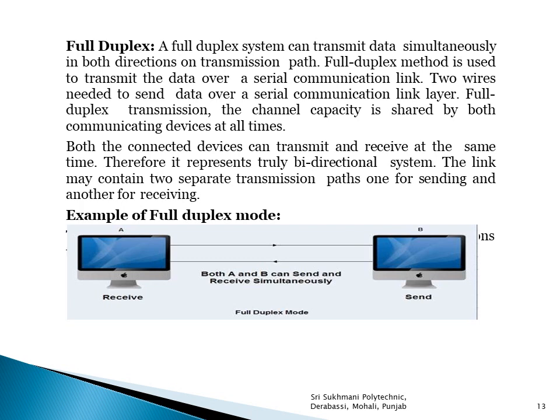In full duplex transmission, the channel capacity is shared by both communicating devices at all times. Both devices can transmit and receive at the same time, so it is bidirectional. For example, as I already told you, present day mobile telephony is an example of full duplex.